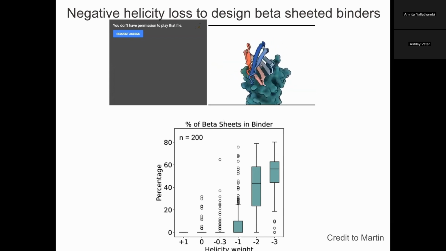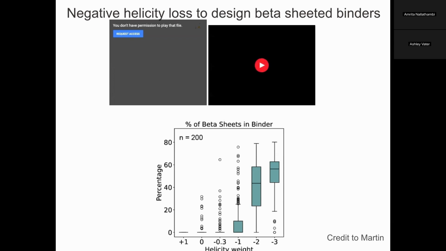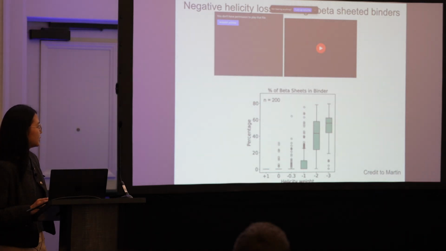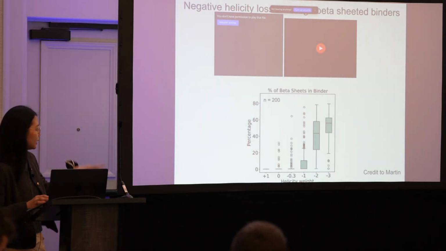For example, they implemented a negative loss function for the helix. If you want to prevent your model from generating just a helical structure, you can just maximize the loss. Depending on the helicity weight, as you can see in this box plot, the percentage of beta sheet goes up as you increase the helicity weight. So if you really want to design sheet structures, you can just upweight the helicity weight.